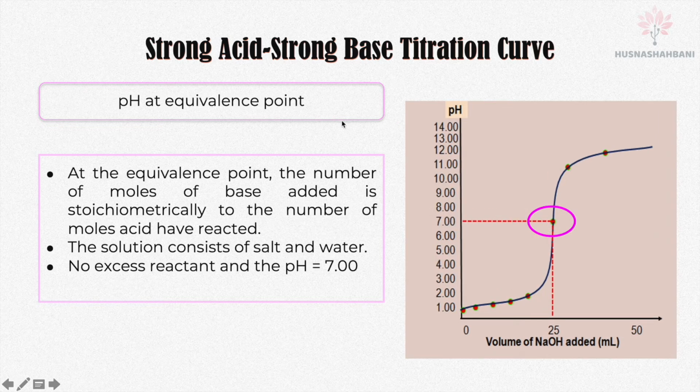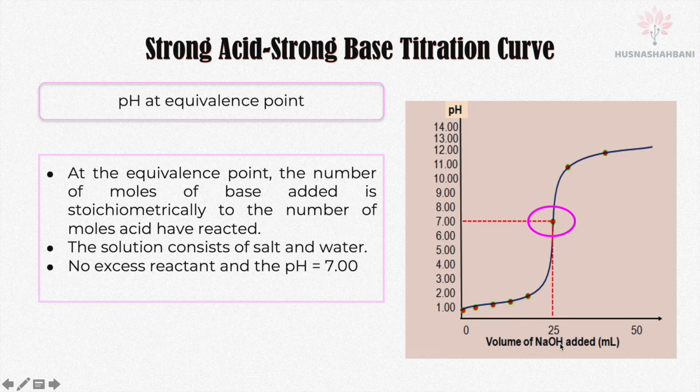And at the equivalence point, the number of moles of base added is stoichiometrically equal to the number of moles of acid that have reacted. So all the moles of OH- and all the moles of H3O+ have reacted.